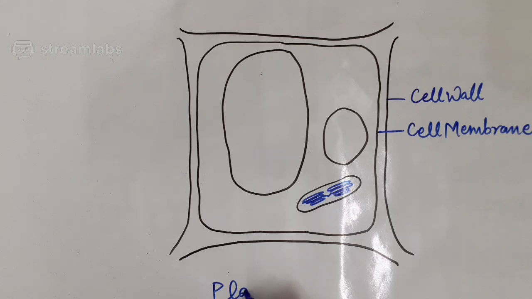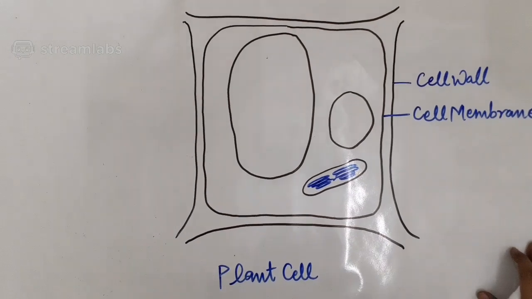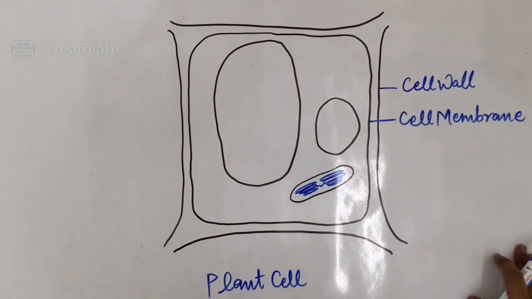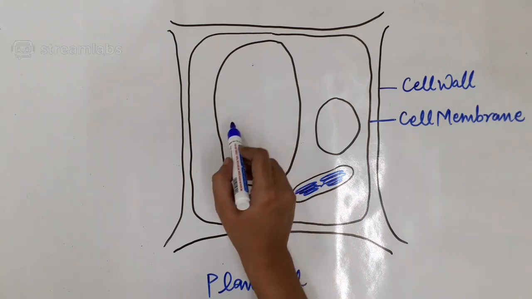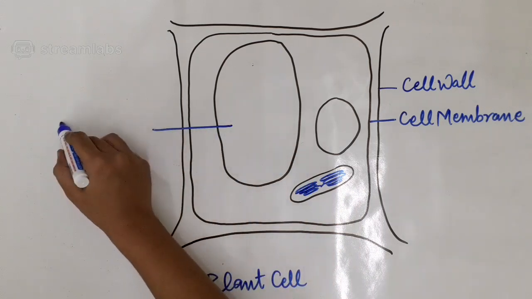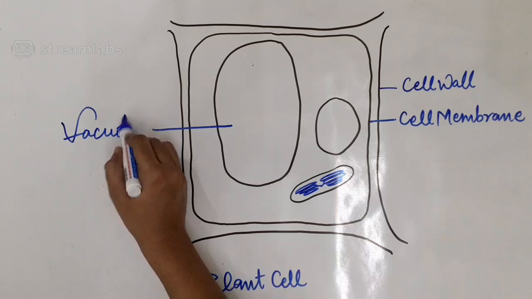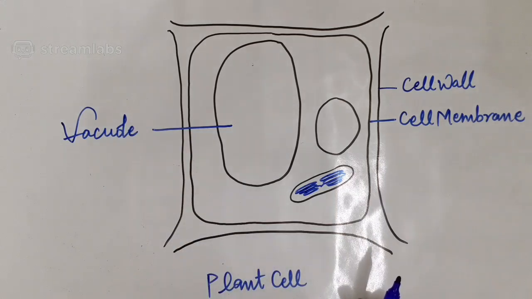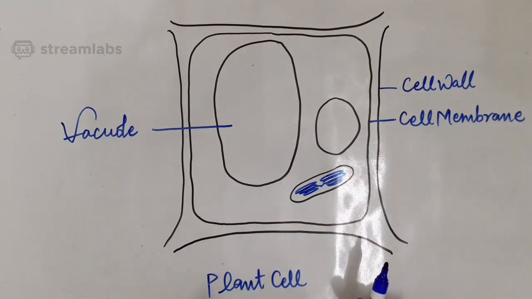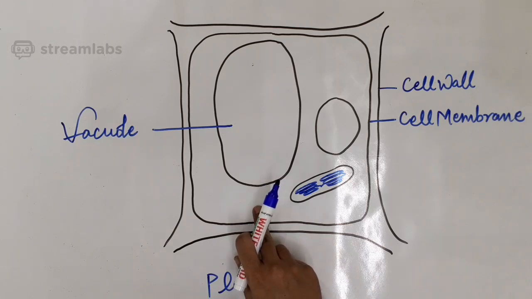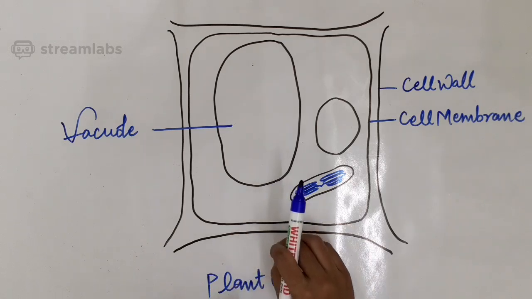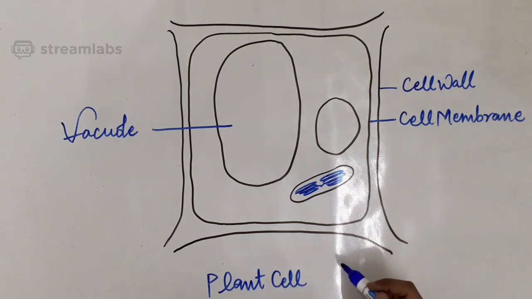This is a plant cell. And the large portion present in a plant cell is called the vacuole. Vacuole is the cell organelle which does the function of storage. Vacuole is present in the plant cell and is negligible or very small in an animal cell.